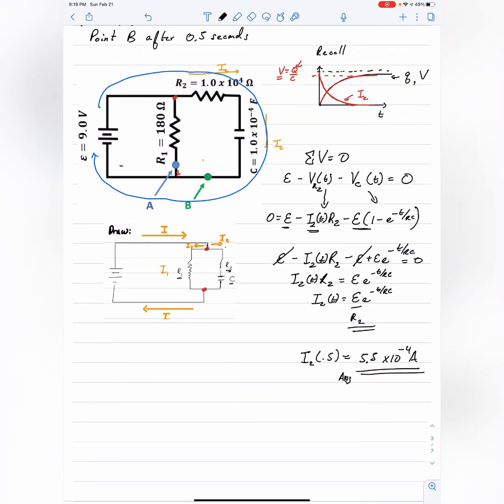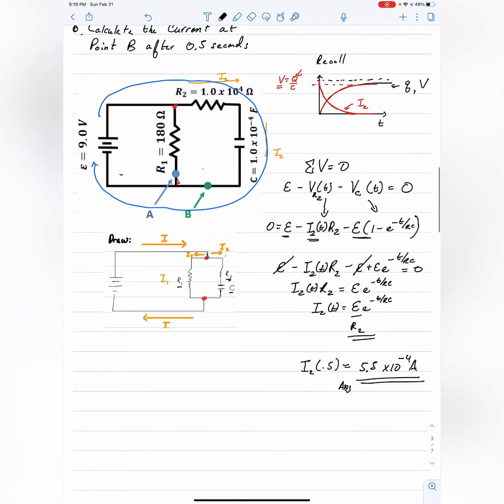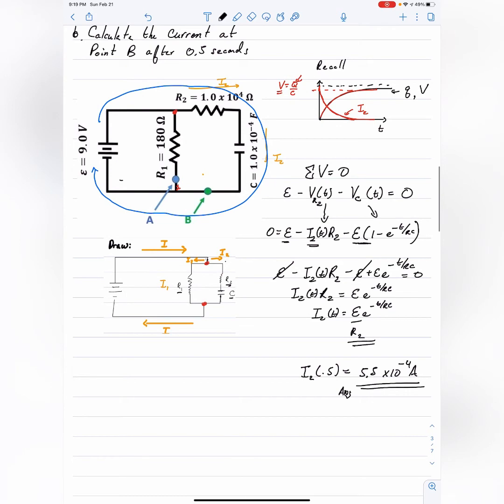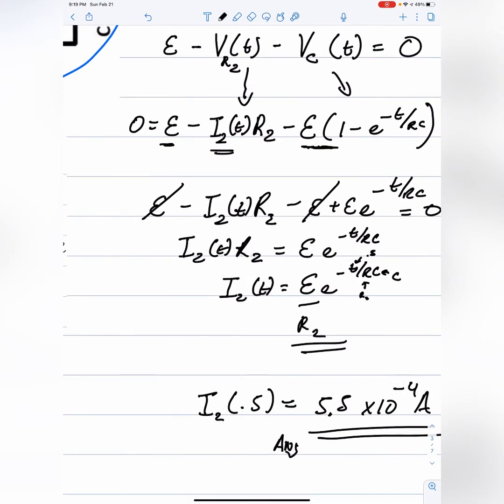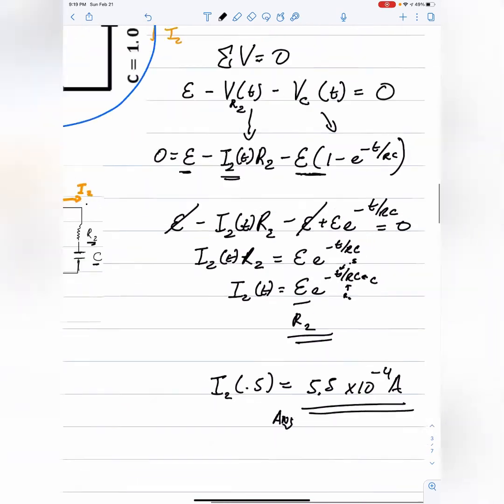Oof, it was a doozy, but we got it done. So remember, time here would be 0.5. The resistor would be only resistor 2 because it's the only one being affected by the capacitor at that moment. And then the C is the actual capacitance of the capacitor.